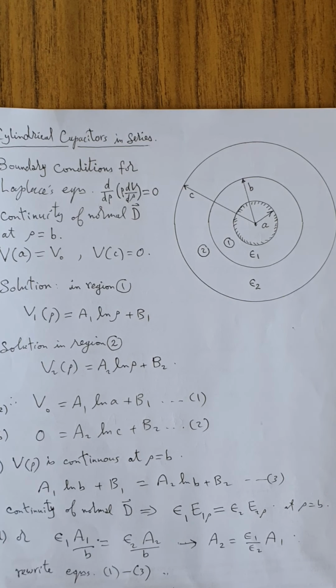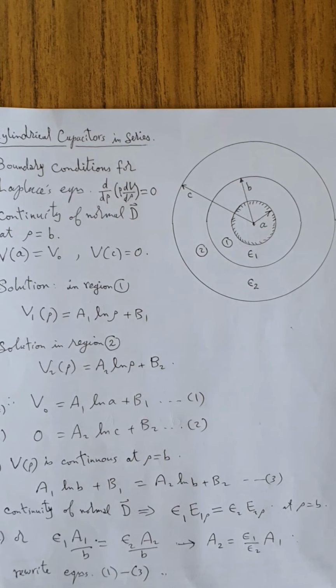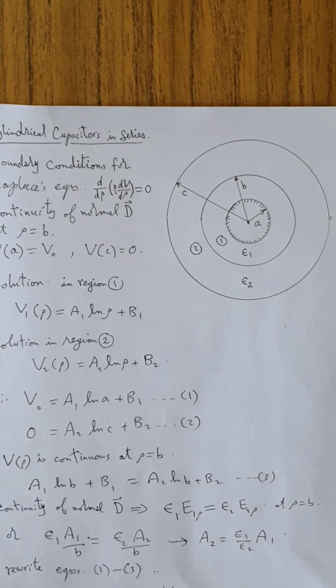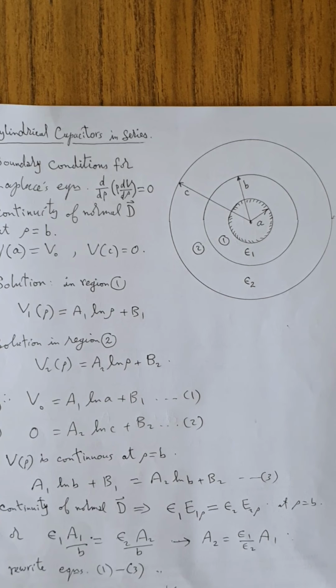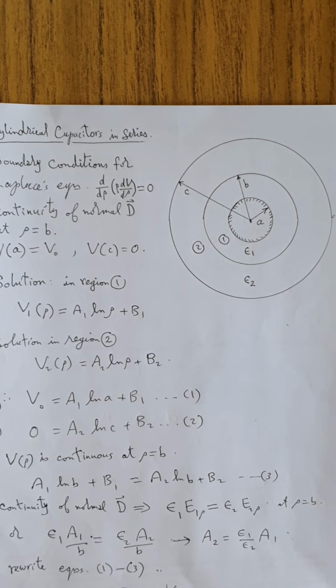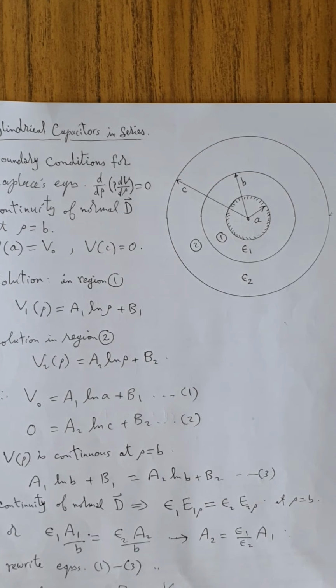The first boundary condition is at rho equals a, V naught equals A1 ln a plus B1, and the second is V at rho equals c equals 0, giving 0 equal to A2 ln c plus B2, equation 2. And the continuity of the potential at rho equals b gives V1 equal to V2, which is equation 3.